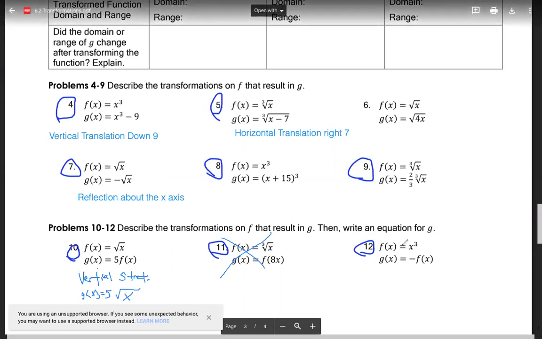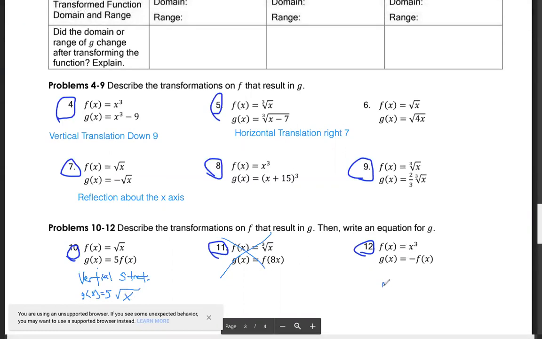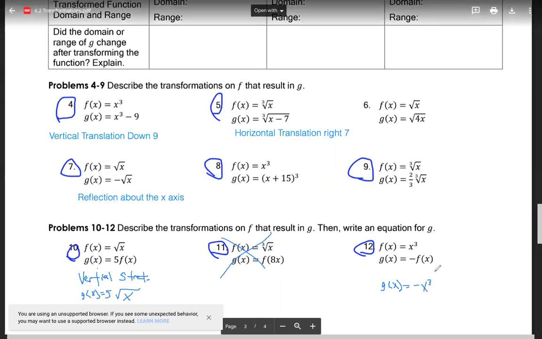Same thing on number 12. Based off the function that they gave us, our new g of x here with that reflection would just be negative x to the 3rd. Okay, because you just replaced the function with the function that they gave us. So it's kind of like you filling it in. Same thing here. Since it's 5 f of x, well, f of x is equal to square root of x, you just replace it in a sense. Okay.